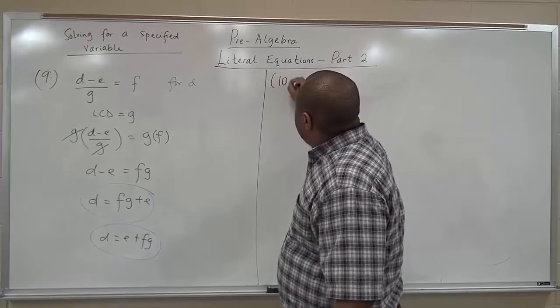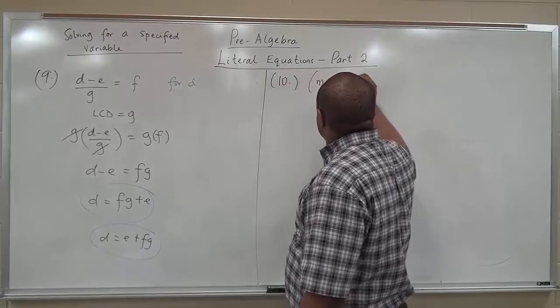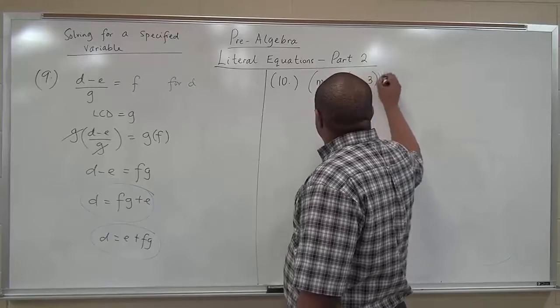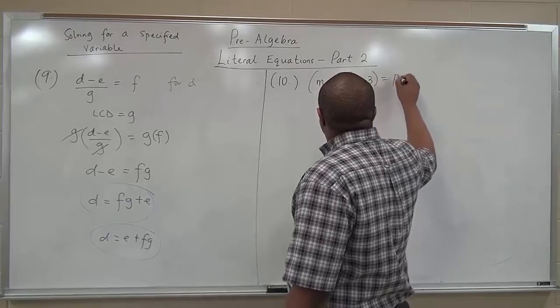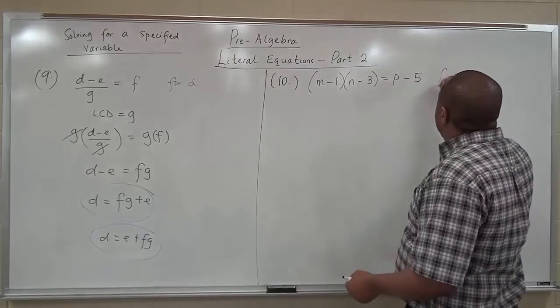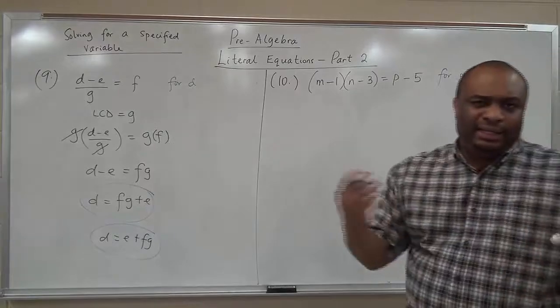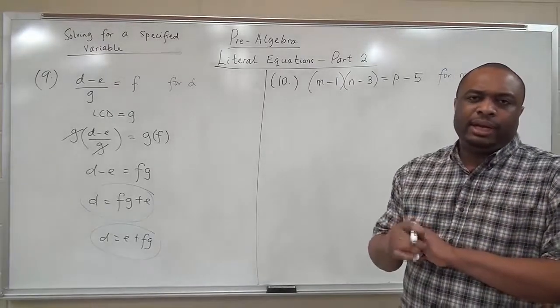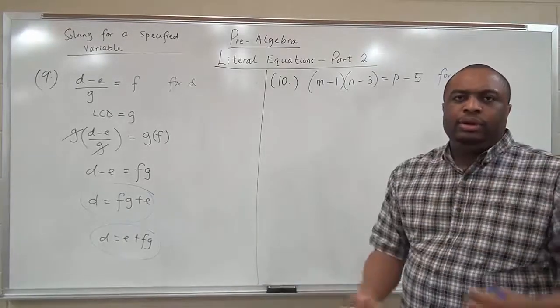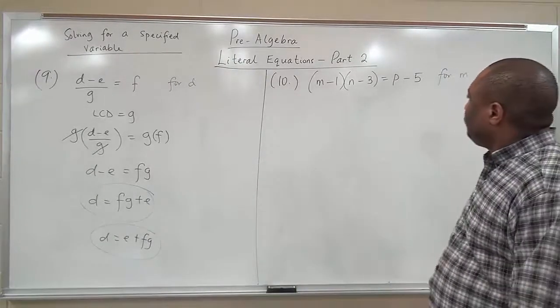Question 10: M minus 1 times N minus 3 equal to P minus 5. I want to solve for M. I'm doing a lot of varieties so that you can understand all the varieties.